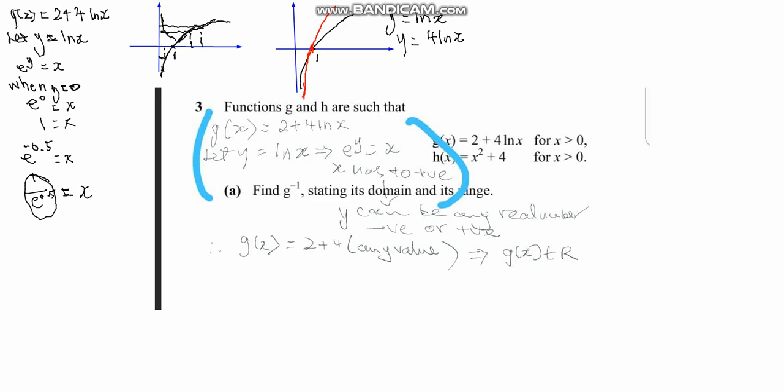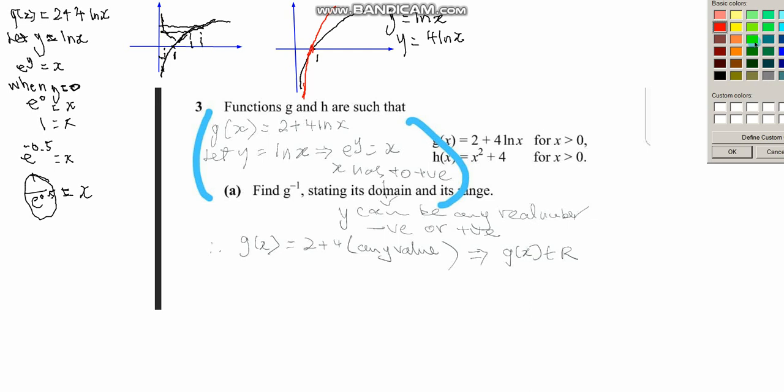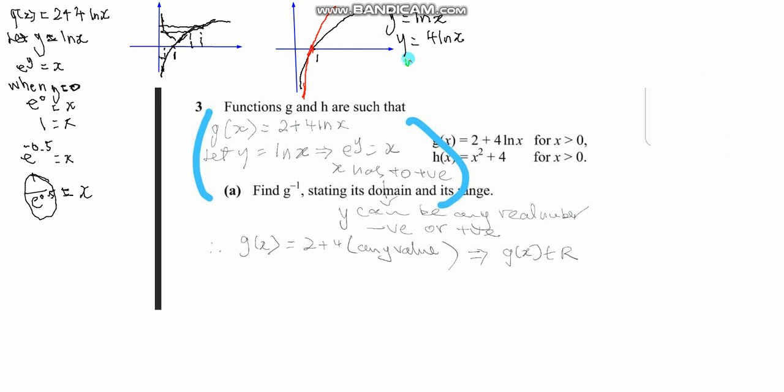Now let's change to another color. Now let's put the 2 inside. What happened? It actually means the whole graph is shifted up.